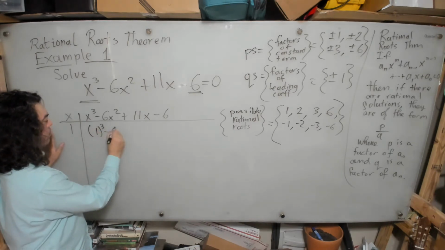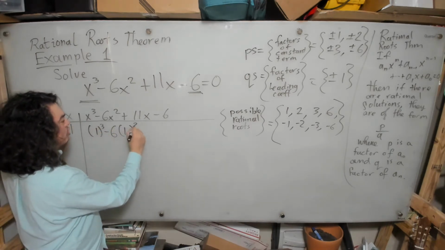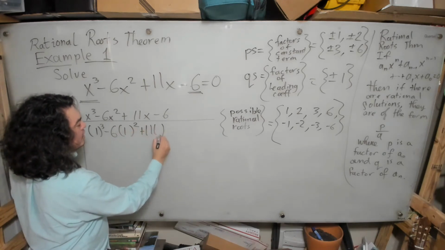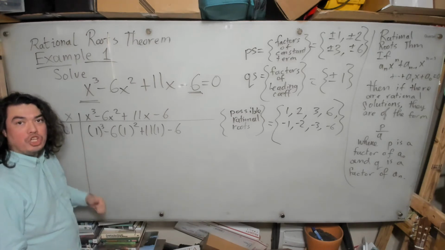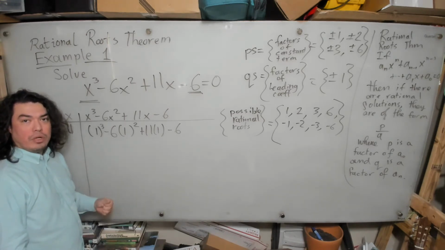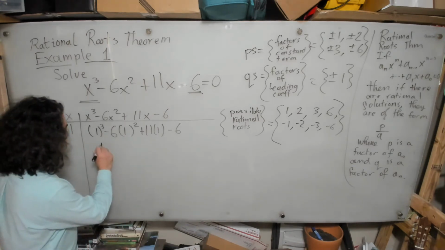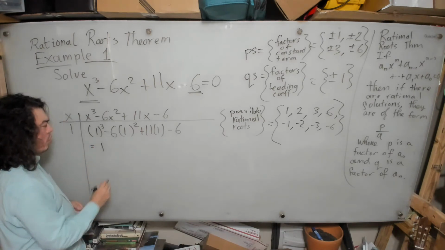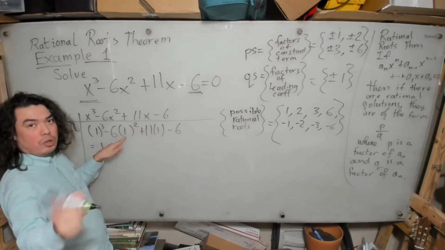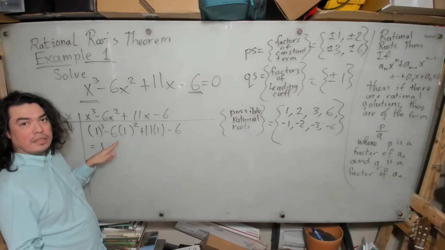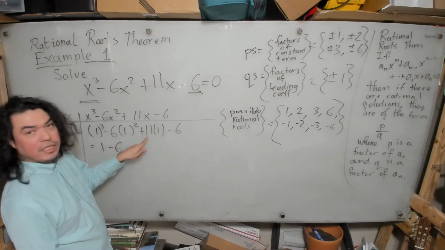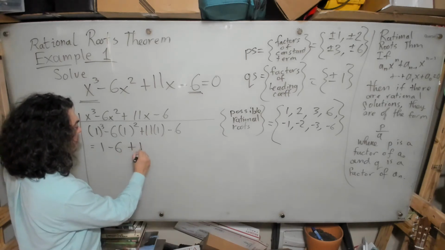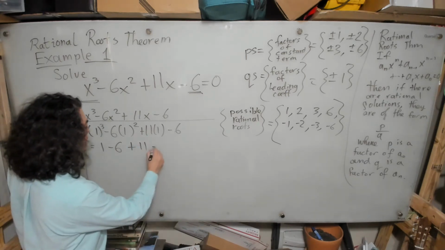1 cubed minus 6 times 1 squared plus 11 times 1 minus 6. What is 1 cubed? 1 cubed is 1 times 1 times 1. What's that? 1. So I can see that this is going to be equal to 1. What is 1 squared? 1 times 1 is 1, and 1 times 6 is 6, so it stays minus 6. 1 times 11 is 11, so I stay plus 11. And then I bring my minus 6 down.